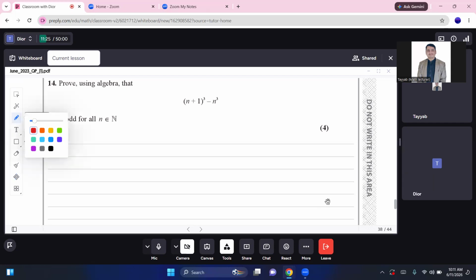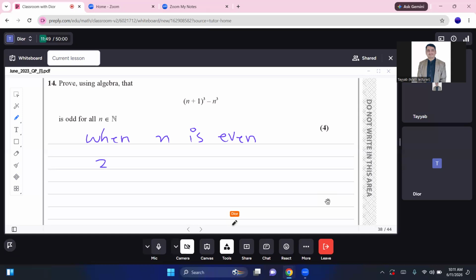So what we do is, when n is an even number, let's say we call it 2m plus 1, because it says that the difference is odd.